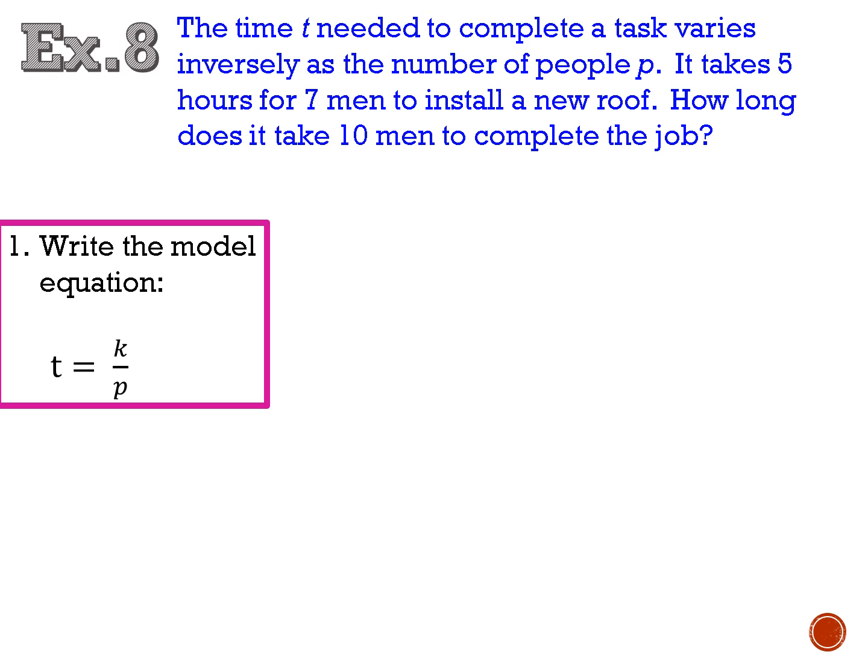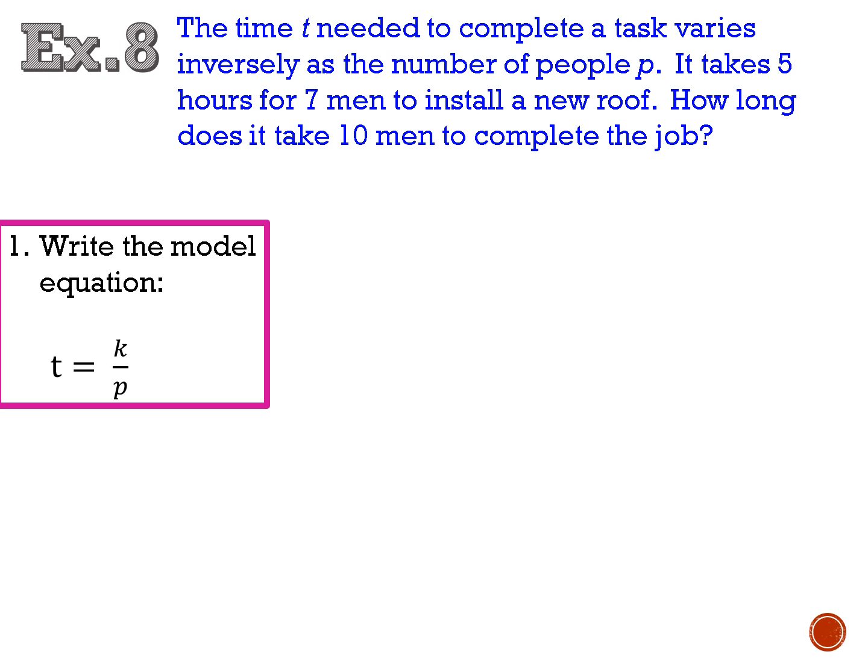Now again, we're not going to tell you what k is, so you've got to put the k in the numerator. Doesn't matter if it's inverse, combination, direct, joint, k will always go in the numerator. So t equals k over p, with p in the denominator. So we've got our model equation.